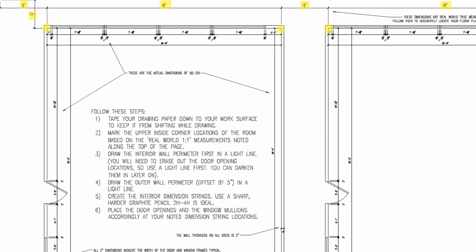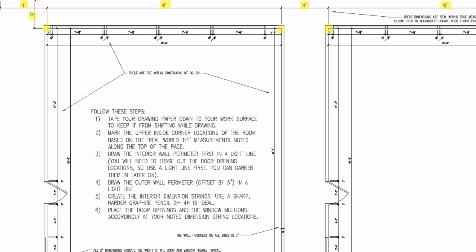So again, all of these dimension strings you want to articulate inside these floor plans, because they help you locate the door openings, the window, all of the mullion locations along the north window wall, etc. So you will have a lot of practice at writing in and creating all these dimension strings.